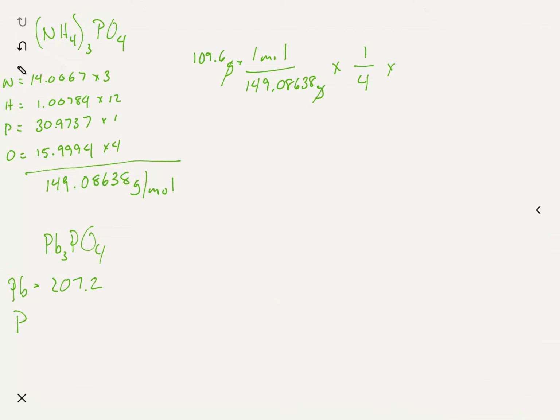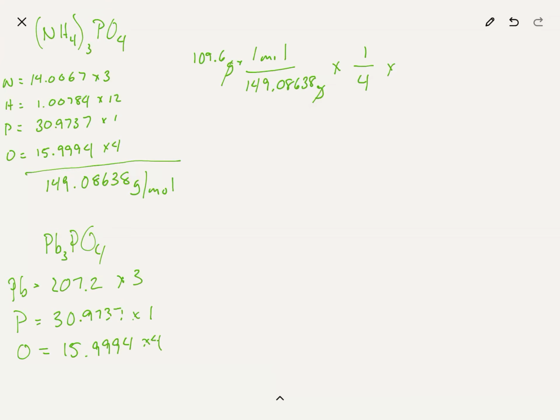Phosphorus is 30.9737. Oxygen is 15.9994. Then we have to figure out what we need to multiply each of those by. Lead is times 3. Obviously there's 3 of them. Phosphorus 1 and oxygen 4.